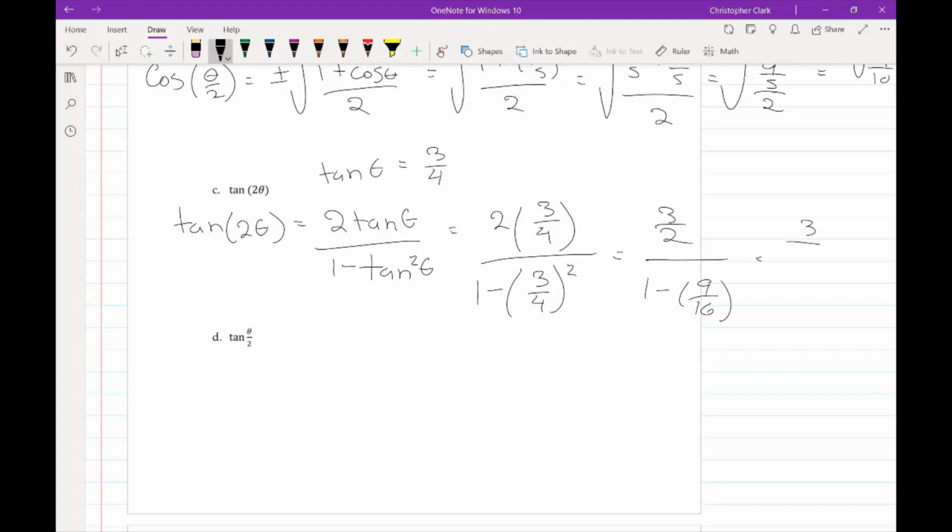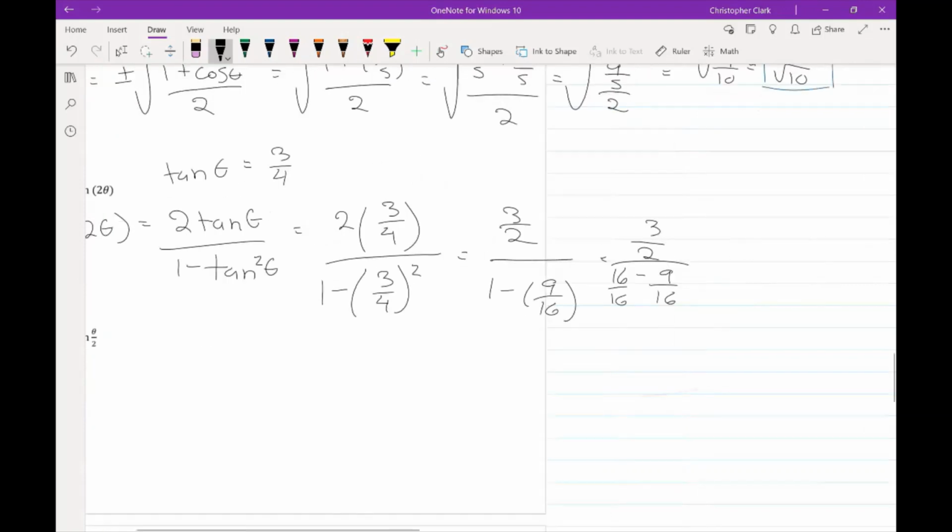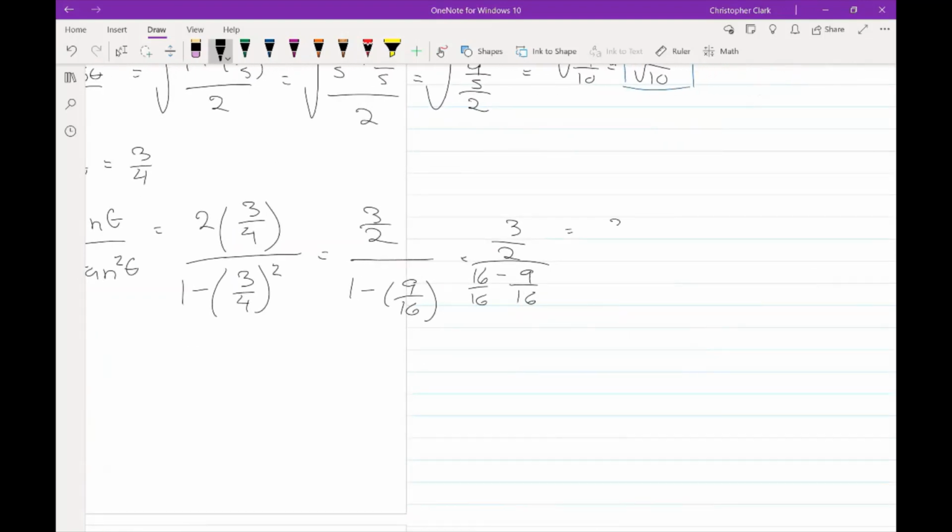And so this is 3/2 over 16/16 minus 9/16. And we get 3/2 over, let's see, this is 7/16. So this is 3/2 times 16 over 7.